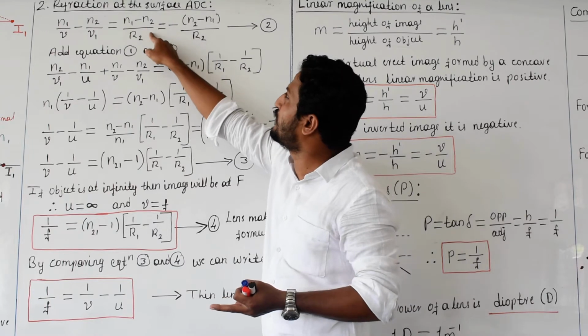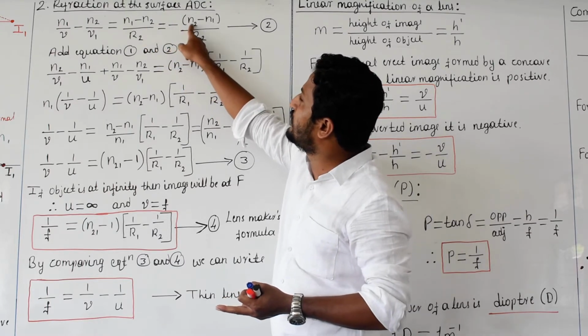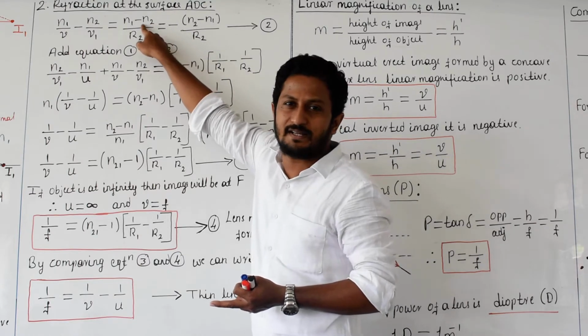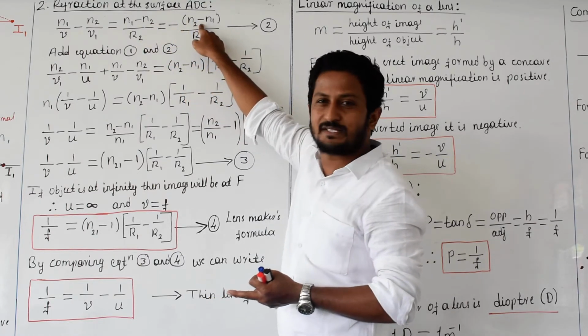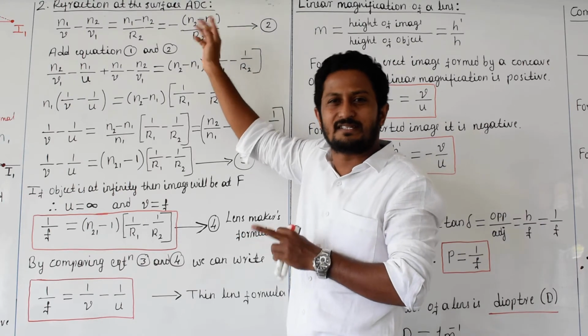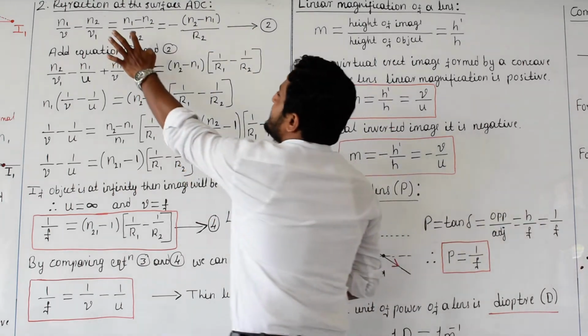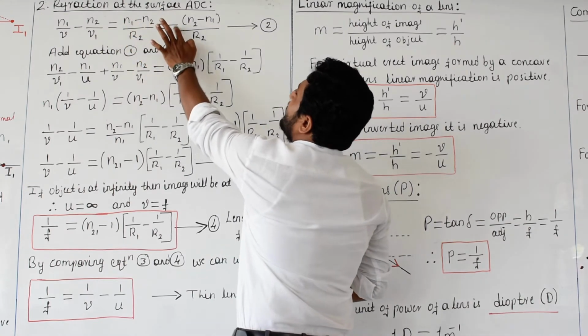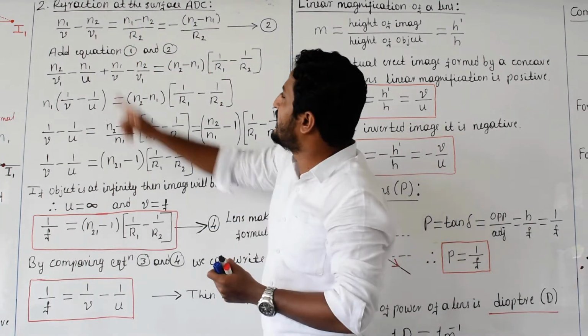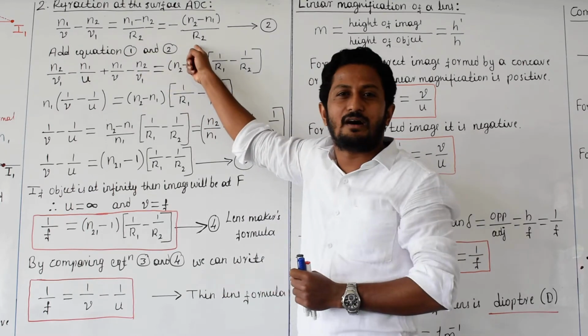This is nothing but the same: minus of n2 minus n1, that is minus into minus, plus n1, again gives n1 minus n2 only. Both are the same. Have you understood? Again in the denominator I have written r2.